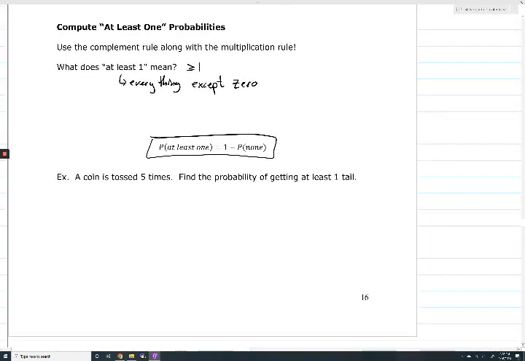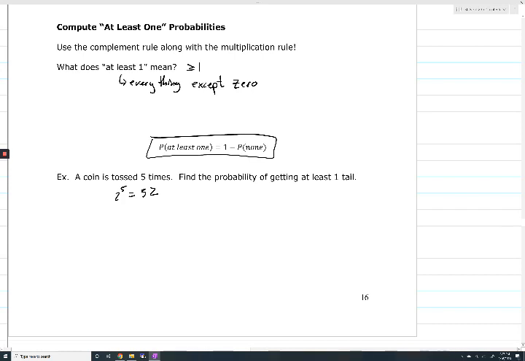So let's give a quick example. You toss a coin 5 times. What is the probability that at least one of them is tails? Well, the reason we don't go at this the regular way is because if I start listing out all of the different ways I could get 5 coin tosses, that would be 2 to the 5th. That means there's a sample space of 32.